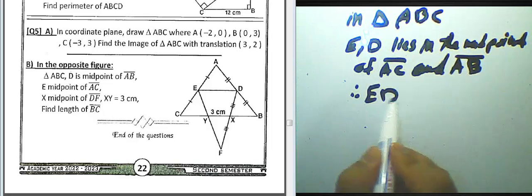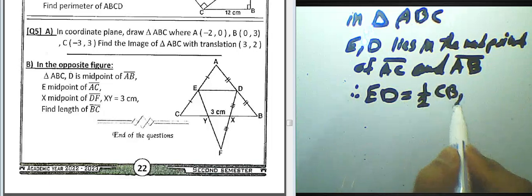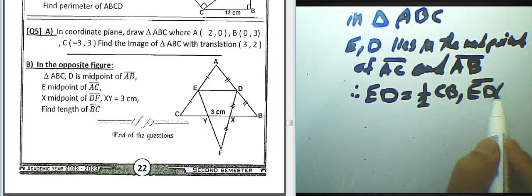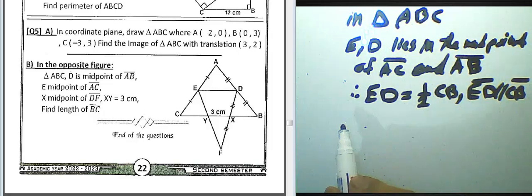Then ED will be half equal to CB and ED will be parallel to CB. It will be parallel, okay?